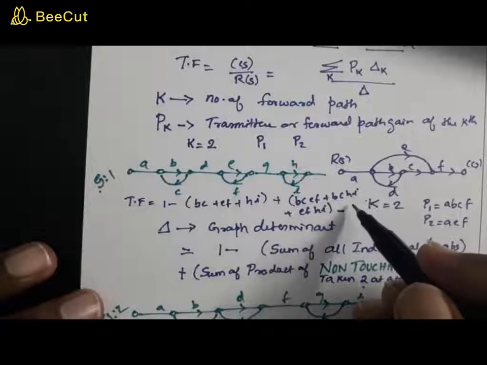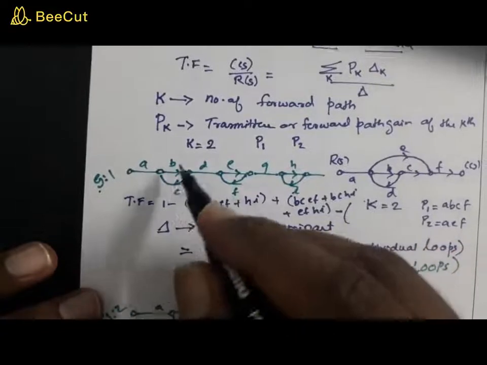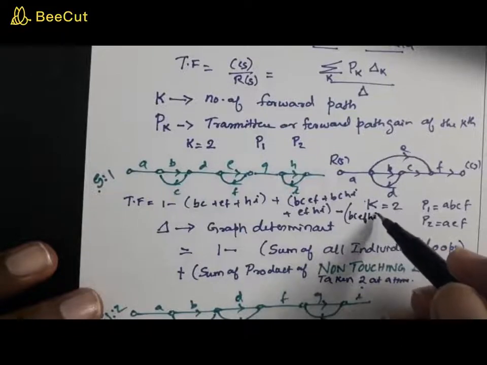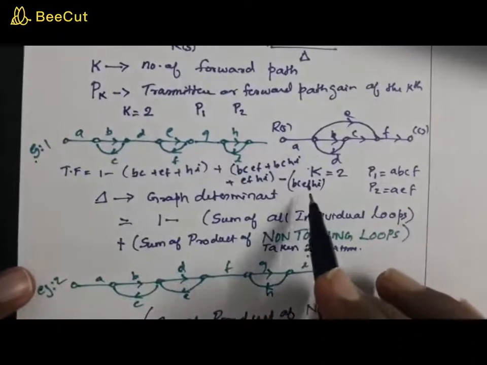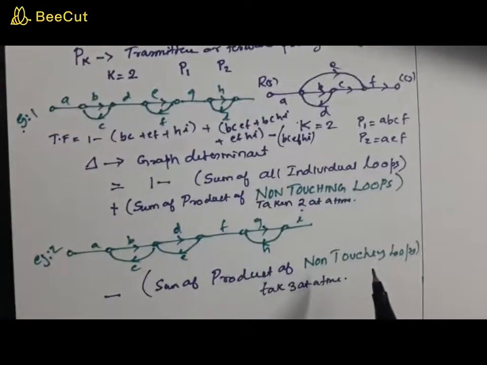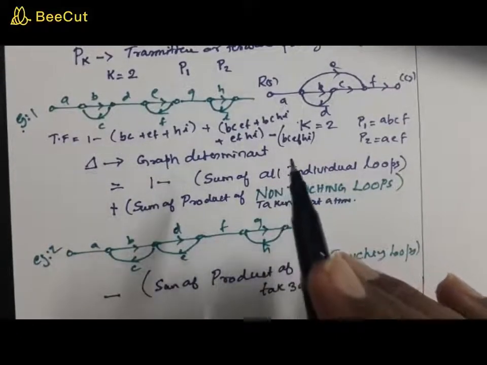And you can take these three at a time. That means this will be 1 minus BC EF HI. So no problem in that. So this is called a graph determinant.